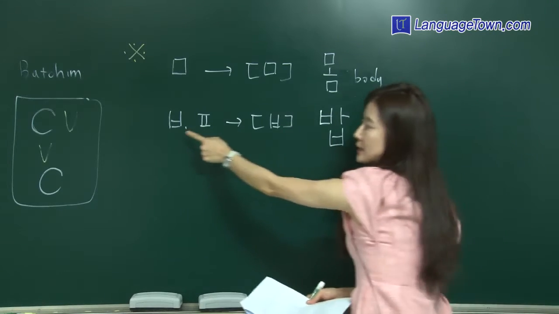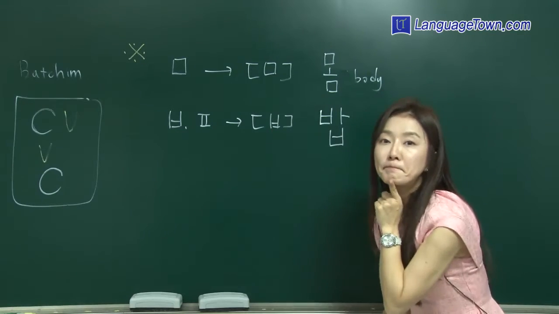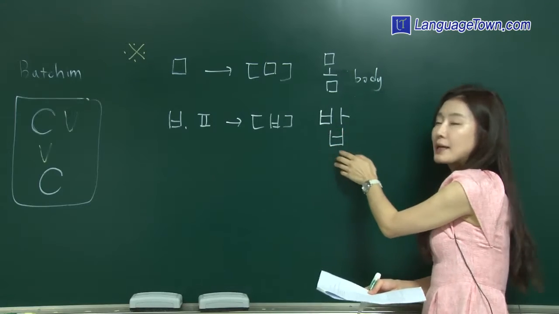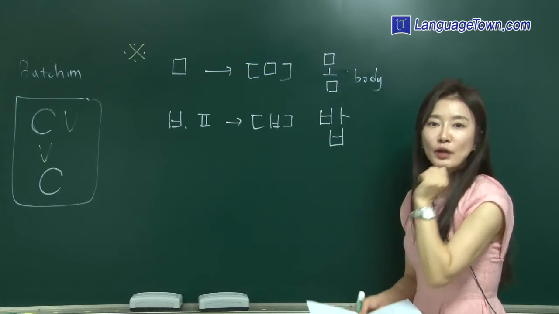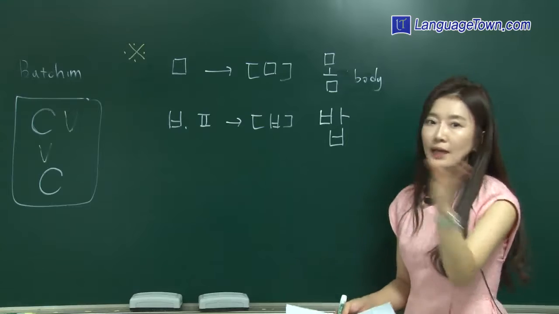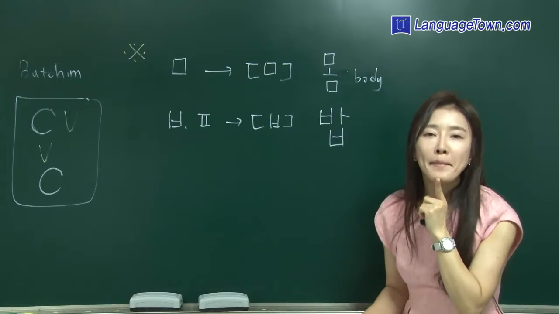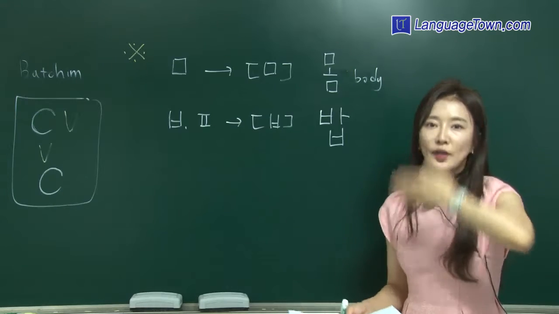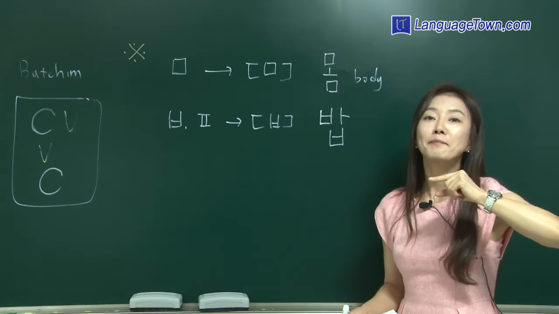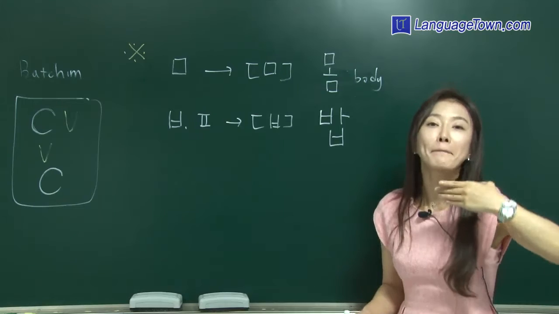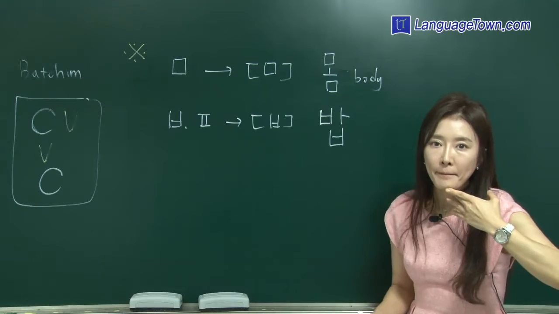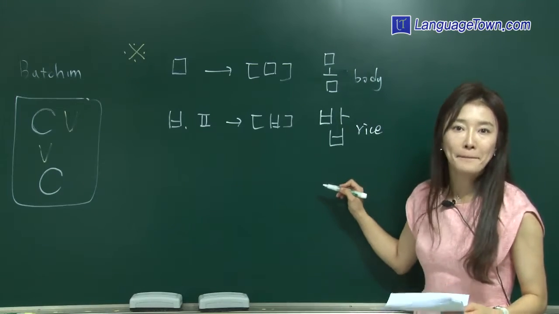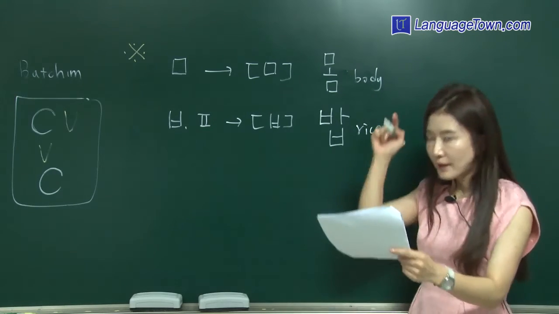I told you this sounds 읍. So, 밥. Try. 밥. Not 바브, no. 밥. You have to shut your mouth. Not 바브. You don't have any other sounds. Just 밥. That's it. In Korean, rice is 밥. Okay, very last one.